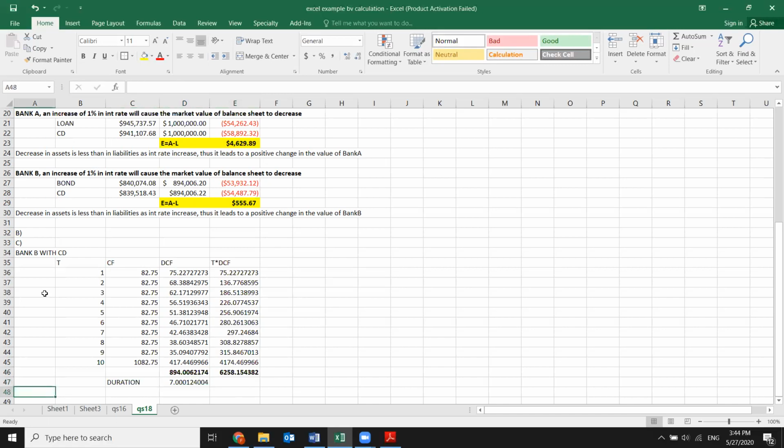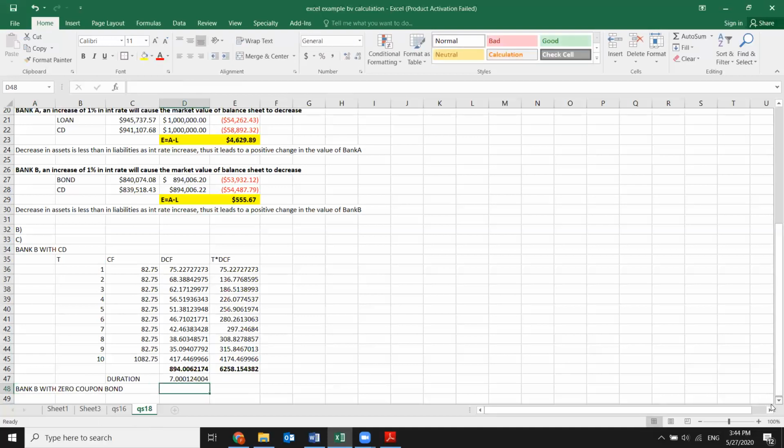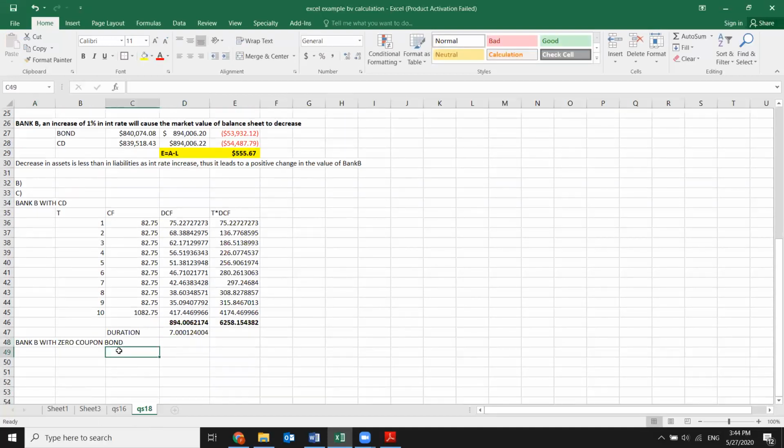And for Bank B with zero coupon bonds, the duration is 7 years as well.